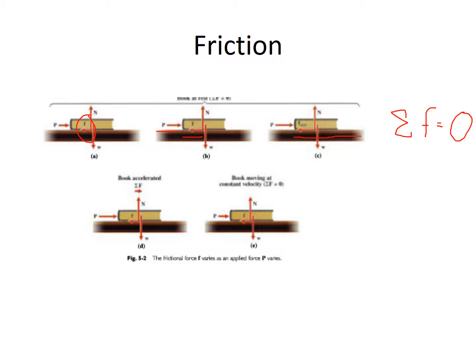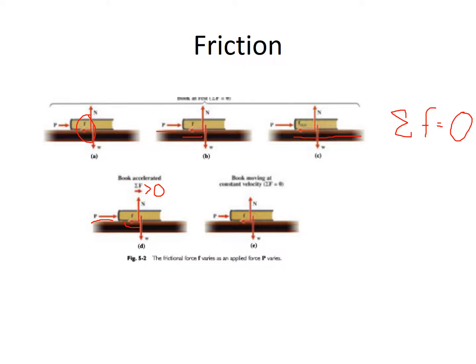Down here at the bottom, the book starts to move. It starts to slide across the surface of the desk. And at that point, the force P, the push, or the force from the finger, is greater than the frictional force that acts on the book from the table, causing the book to accelerate, and in this case, the sum of the forces is greater than 0.